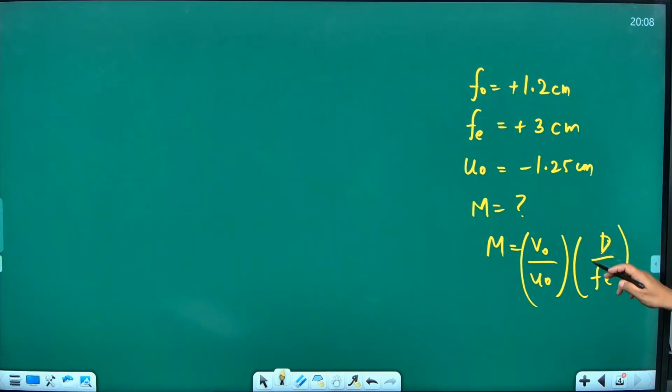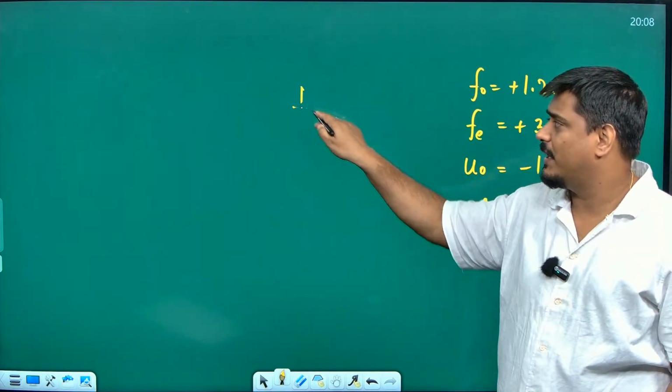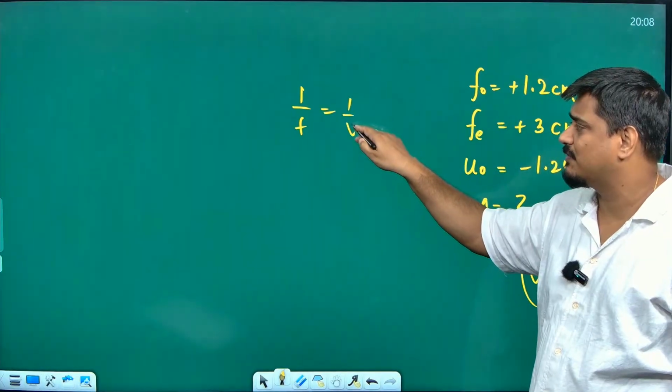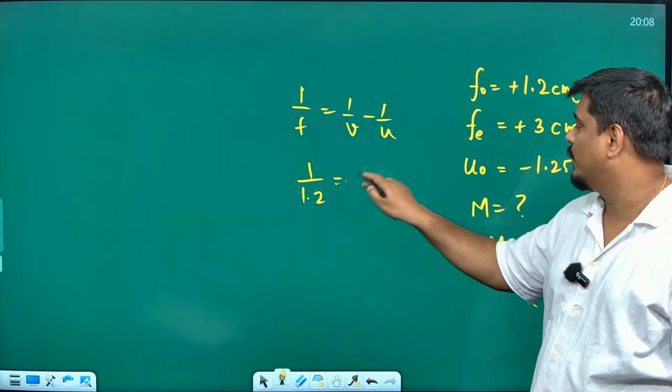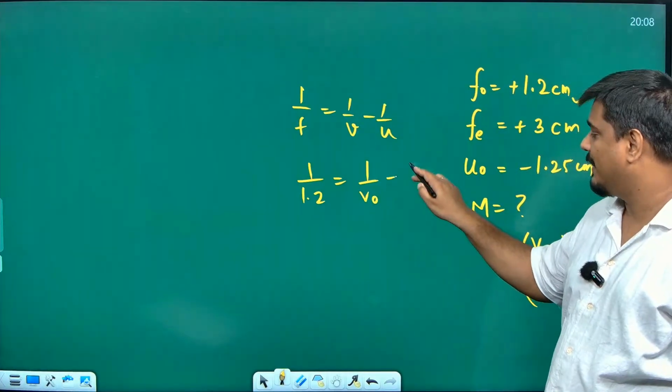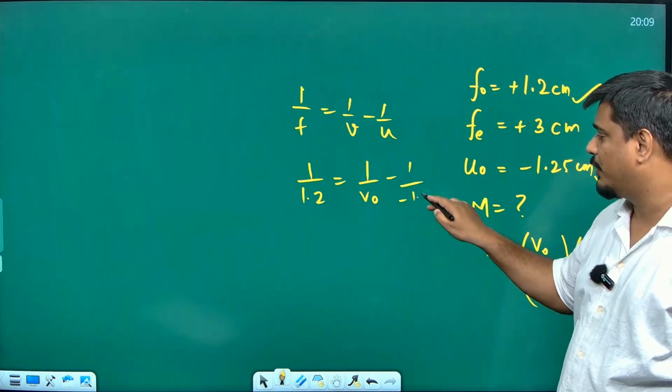Whether D is known to you? 25, very good. FE is known to you? Plus 3. VO is known to you? No. UO is known to you? Yes. You have FO, you have UO, cannot you find VO? Lens formula here, 1 by F is equal to 1 by V minus 1 by U. So 1 by 1.2 is equal to 1 by VO minus 1 by minus 1.25.